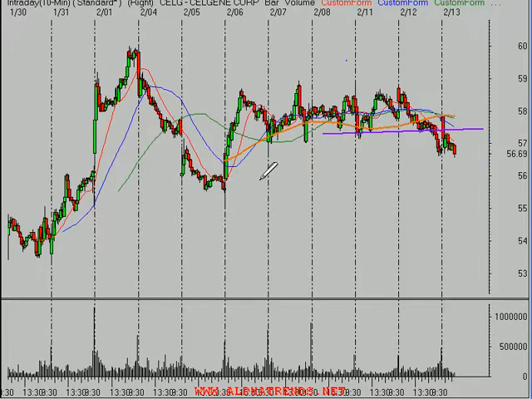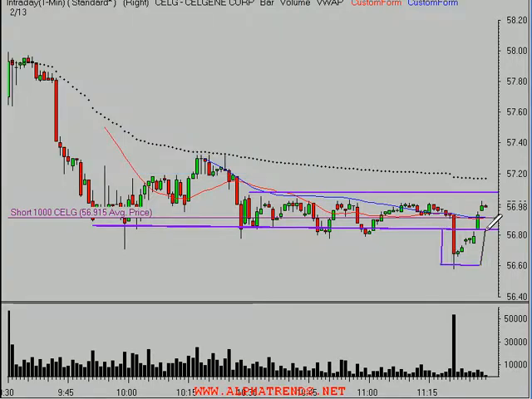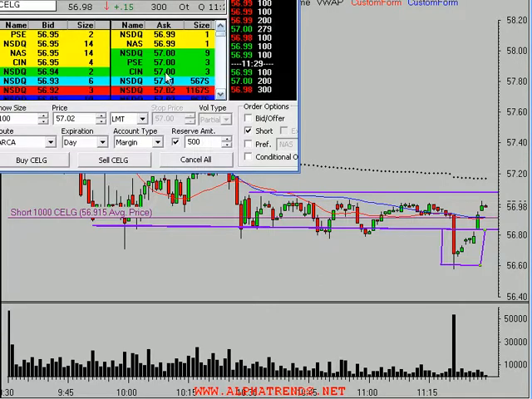I've been patient with this so far, and we'll see if this thing can break down further. Well, it's starting to look like that breakdown has failed, and I'm getting very close to covering this trade. From failed moves come fast moves. A lot of times when they look like they're breaking a support level and then come back up above it, you get a reversal in the other direction, and I'm going to consider covering at least half of this very short term.